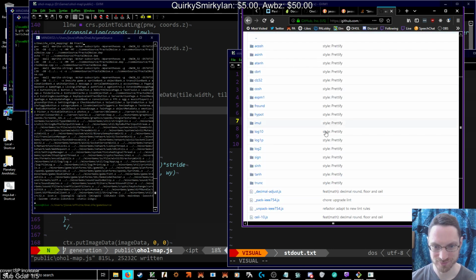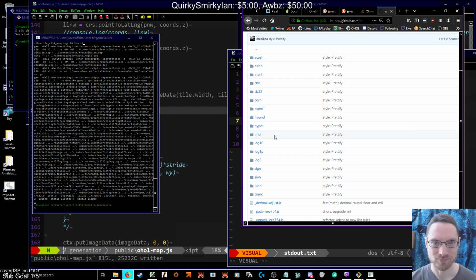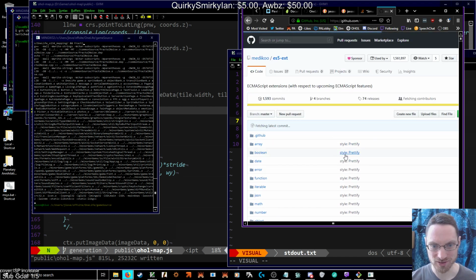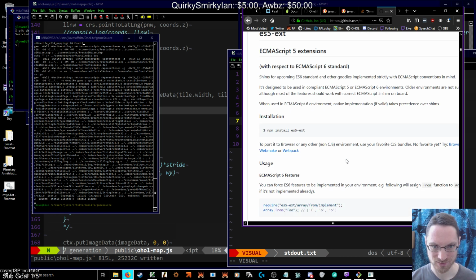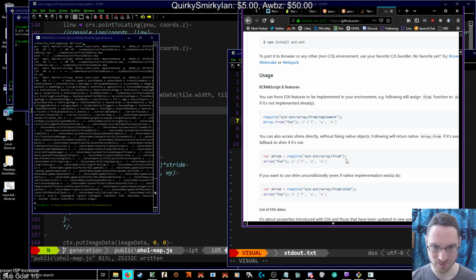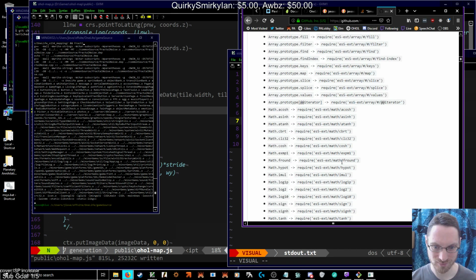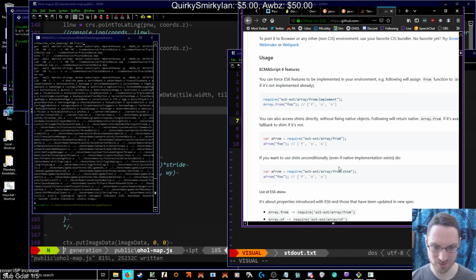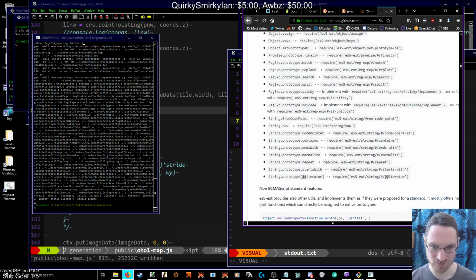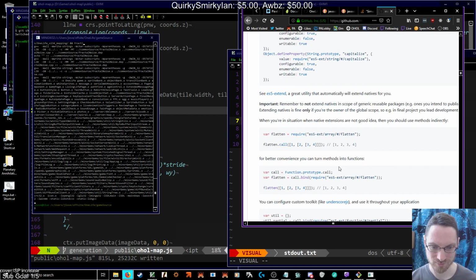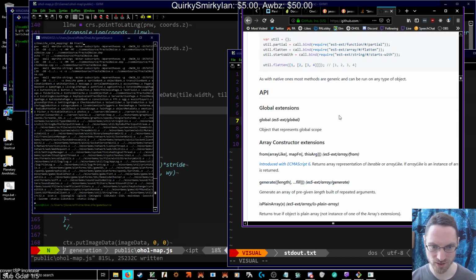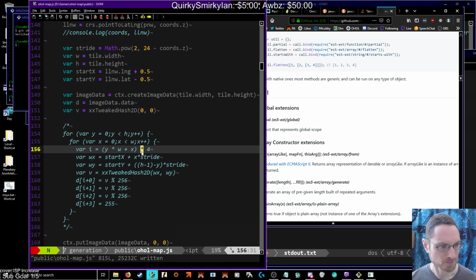Well, no compatibility table there. Well, this is an ES5. Oh, now it's got ES6 shims. Properties. So this was ES5, and now it's just kind of kept on going.